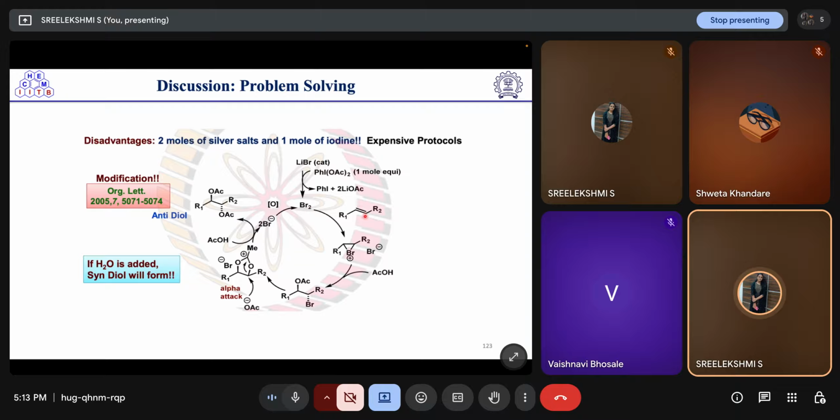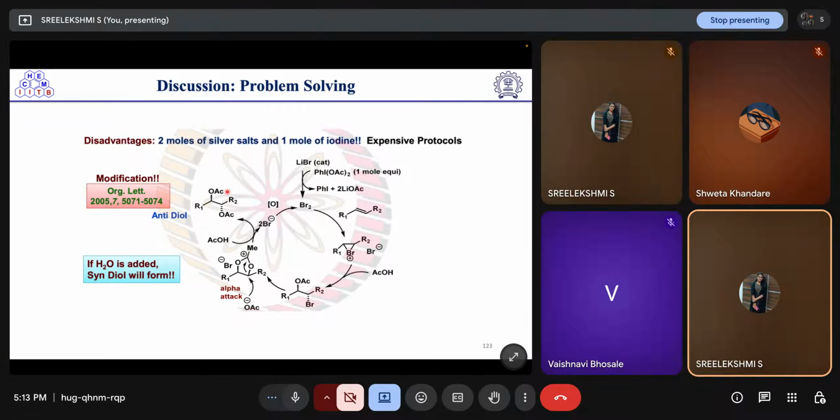So that bromine gas can be used to form bromonium ion with this alkene. So instead of the iodonium ion previously we got, this time we will be getting this bromonium ion. Then the same condition like acetic acid will open this bromonium ion to form this intermediate. Then next acetate will attack over this position, and mechanism is same, so we will be getting anti diol, and if water is there, syn diol is forming.